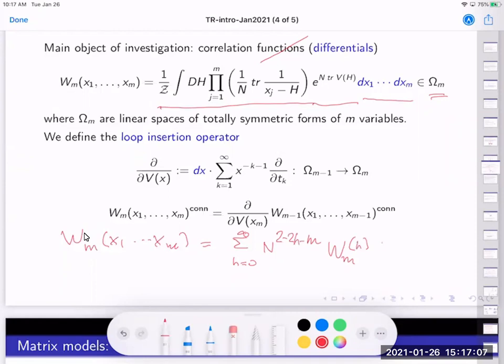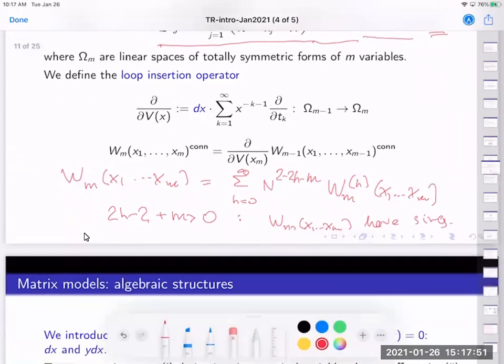And so we have this expansion, and moreover, we expect something from the structure of these terms, that in a situation when 2h minus 2 plus m is greater than 0, which we call the stability condition, the corresponding forms have singularities only at branch points.